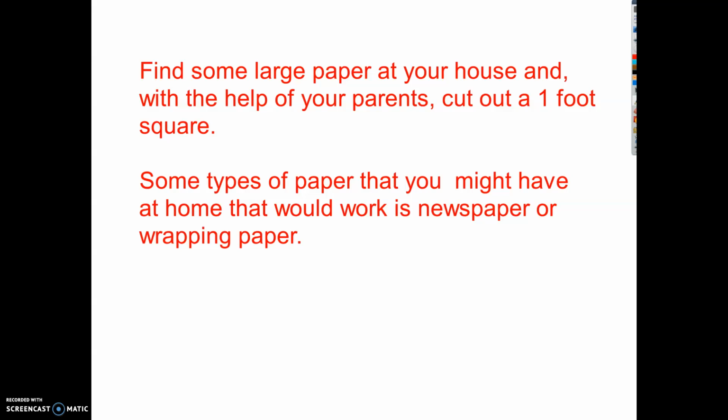Some types of paper that you might have at home that would work for this activity would be newspaper or wrapping paper. So pause the video, find some paper, have some help with cutting out a 1-foot square, and then come back so you know what your activity is going to be.